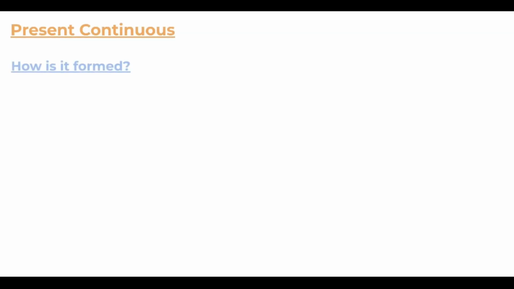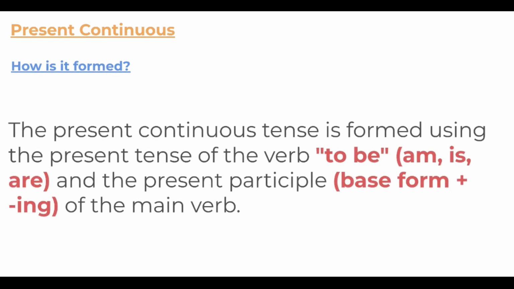Okay, how is it formed? Well, it's a bit more complicated than the present simple. So it's formed by using the present tense of the verb to be. So we're thinking am, is, are, depending on the subject, and the present participle, which is the base form of the verb plus ing of the main verb.